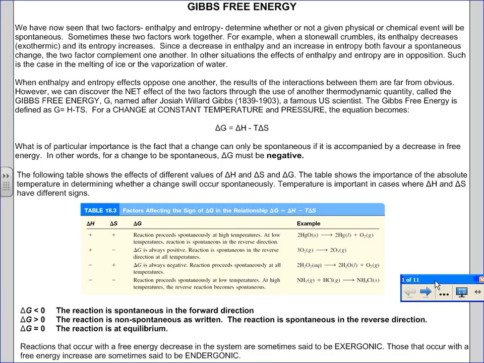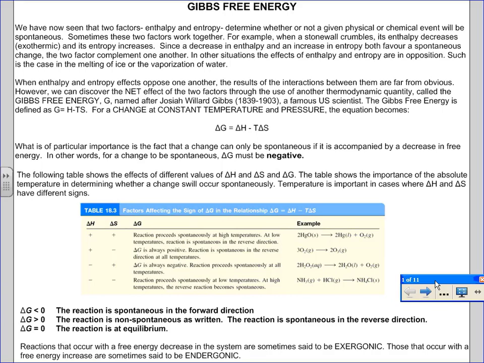Now, we've discussed the fact that when a reaction is exothermic, it tends to be spontaneous. And when a system has an increase in entropy, that's also going to be favorable and lead to a spontaneous reaction.